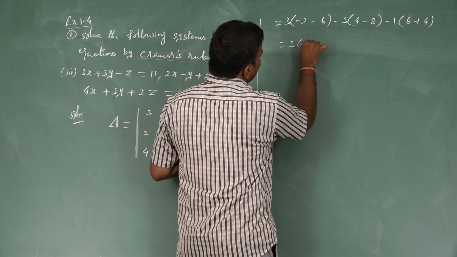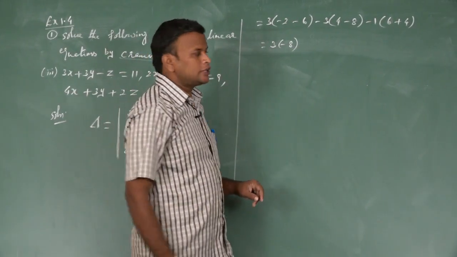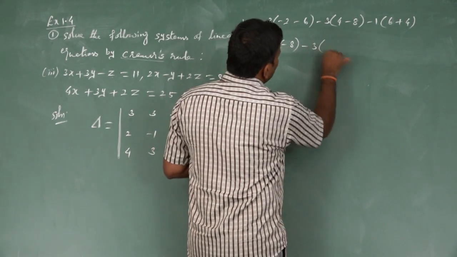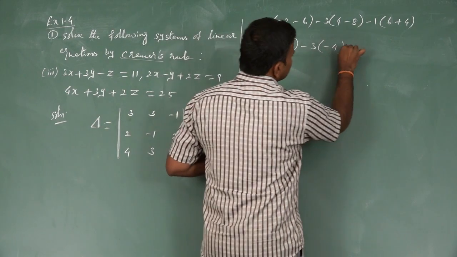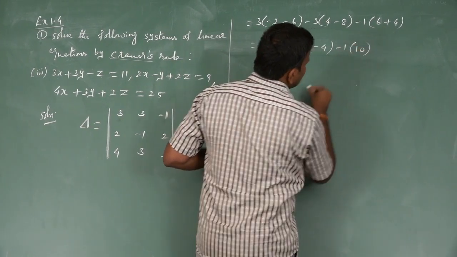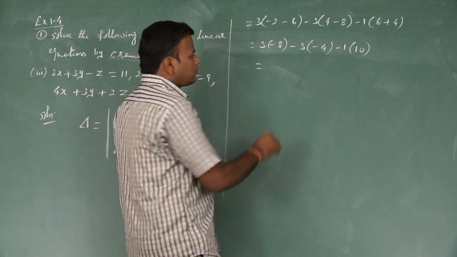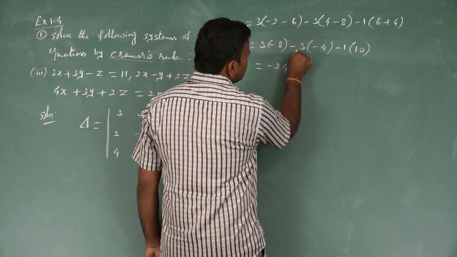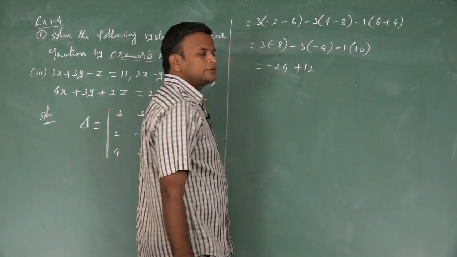Three of minus 2 minus 6 is minus 8. Minus 3 of 4 minus 8 is minus 4. Minus 1 of 10. 3 into minus 8 is minus 24. Minus and minus is a plus, 3 4s are 12.